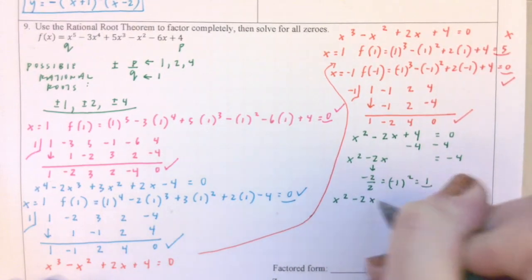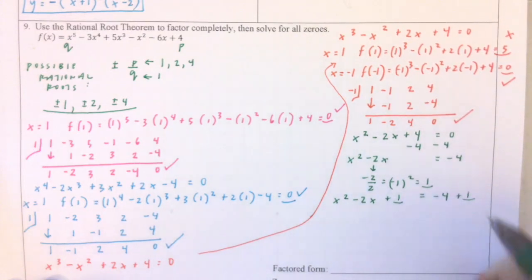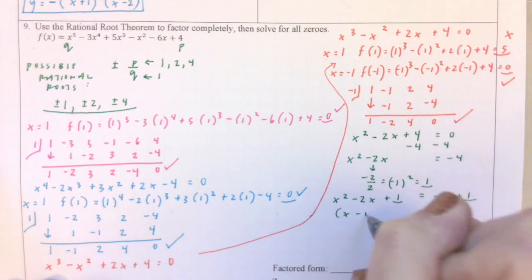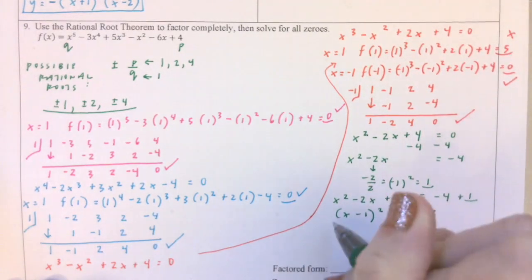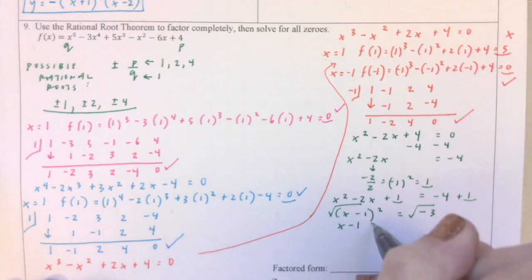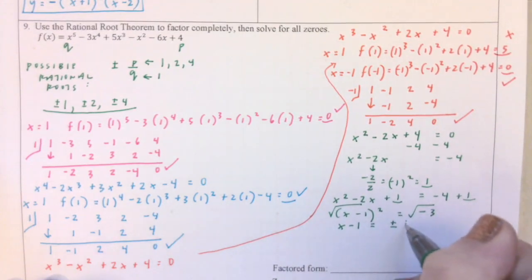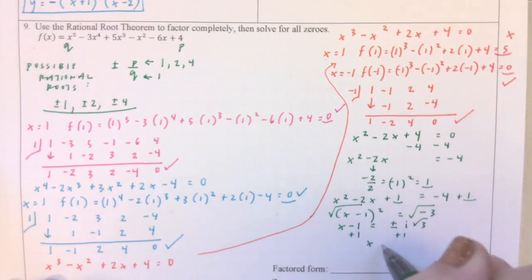So x squared minus 2x plus 1 equals negative 4 plus 1. X minus 1, quantity squared, equals negative 3. Take the square root of each side. X minus 1 equals plus or minus i root 3. Add the 1 to the other side.